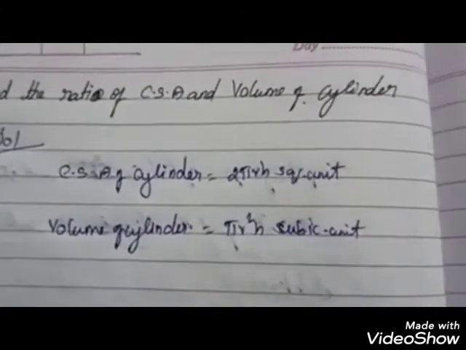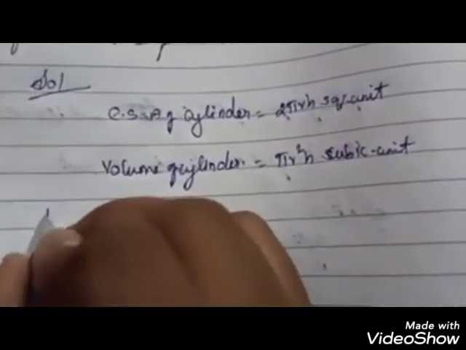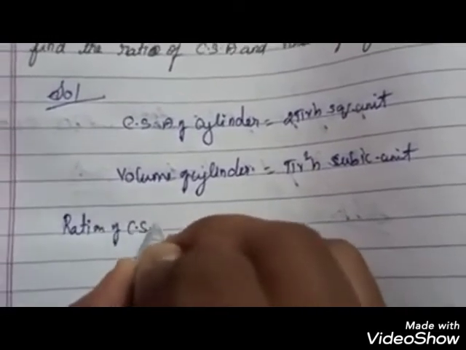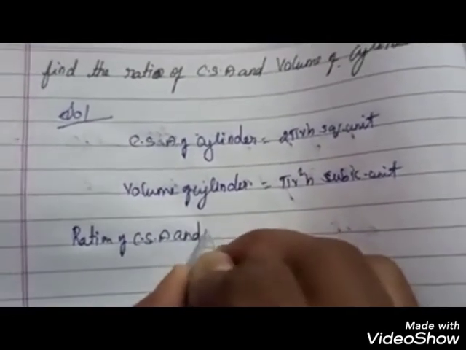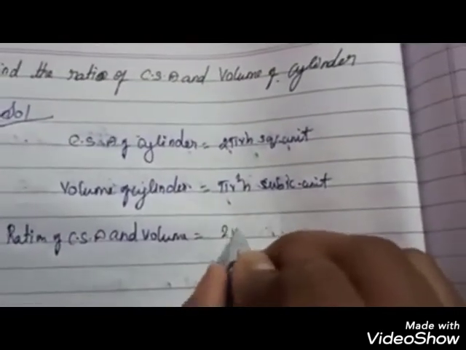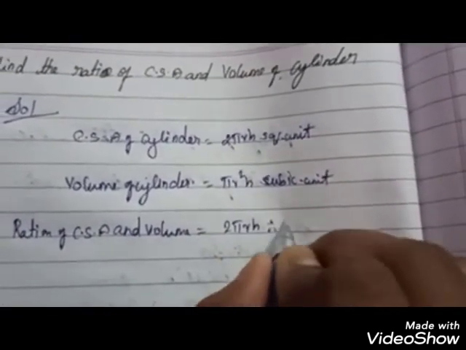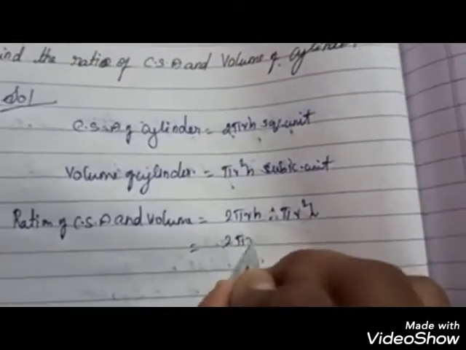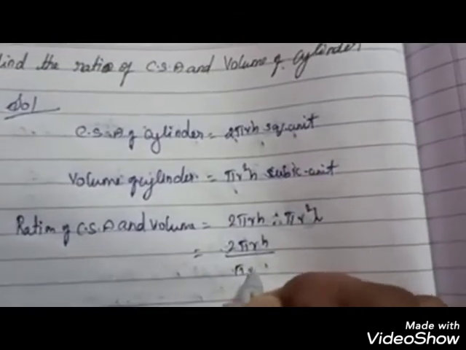Okay, so what you need to find is a ratio. The ratio of CSA and volume is equal to 2 pi r h is to pi r square h. So it is 2 pi r h divided by pi r square h.